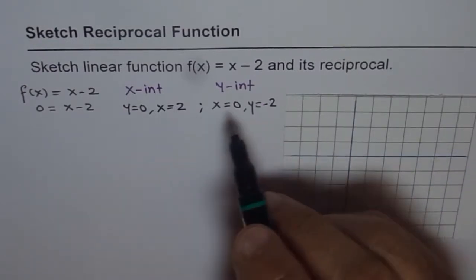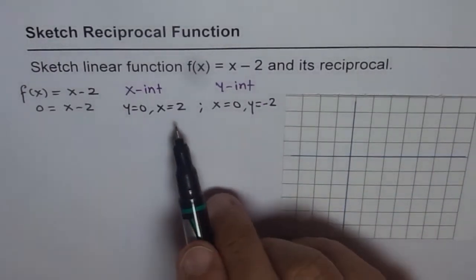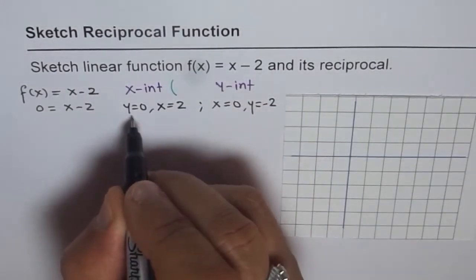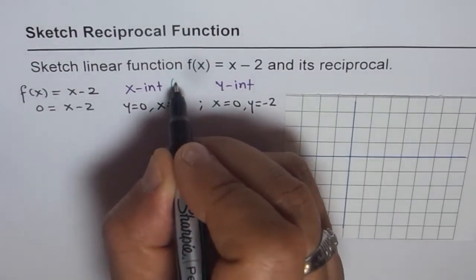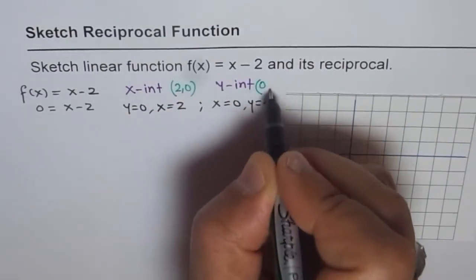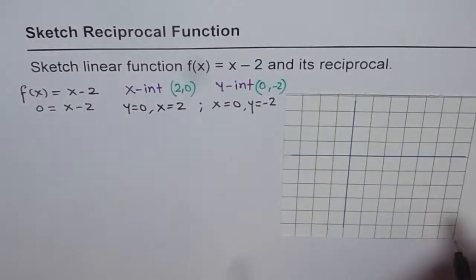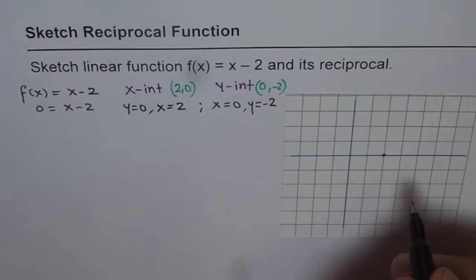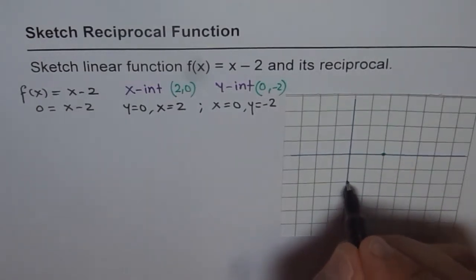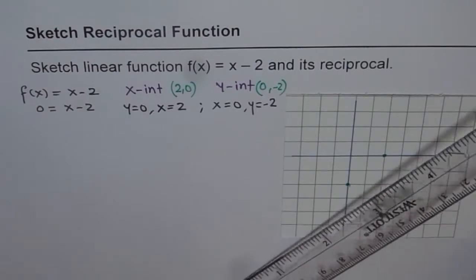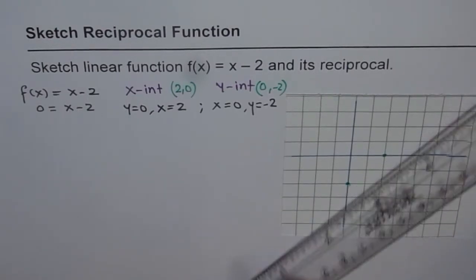The two points are (2, 0) and the y-intercept (0, -2). So we can join these two points and get a line. That's one way of doing it.